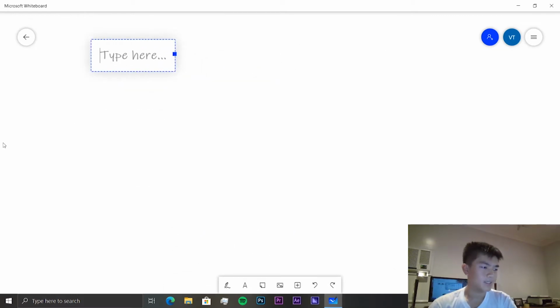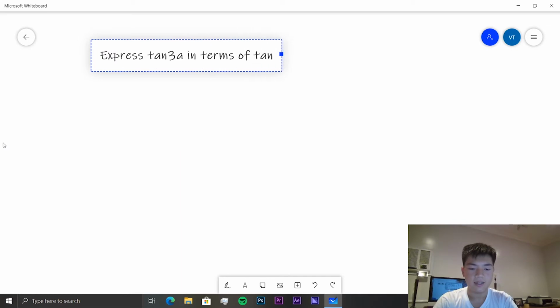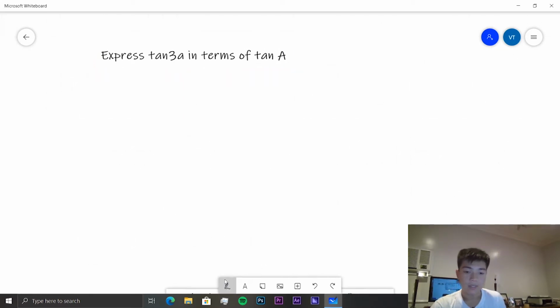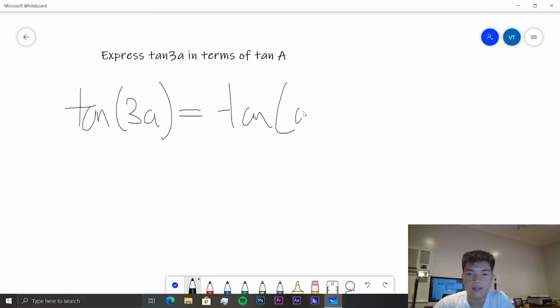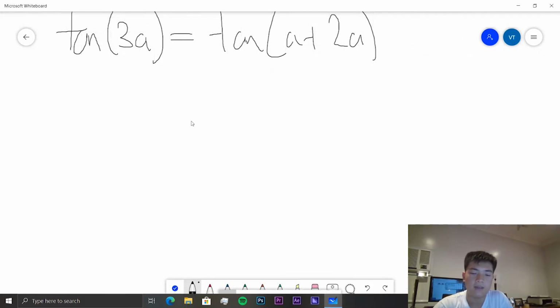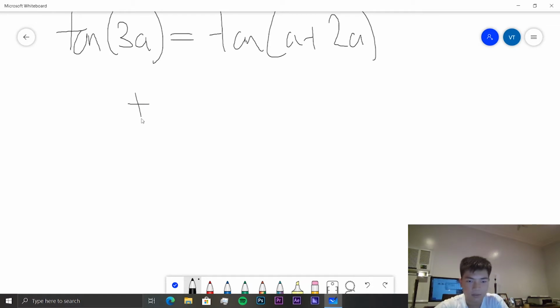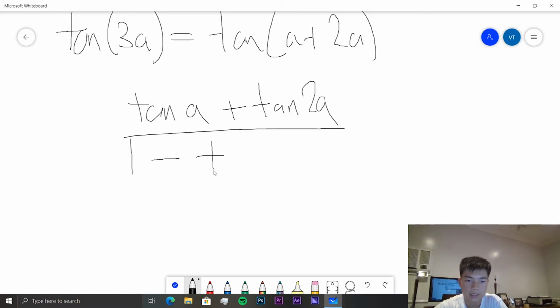The next one is express tan 3a in terms of tan a. And so this is pretty simple because tan 3a is equal to tan of a plus 2a. So we can add these together. So we have tangent of a plus the tangent of 2a all over 1 minus tan a tan 2a.